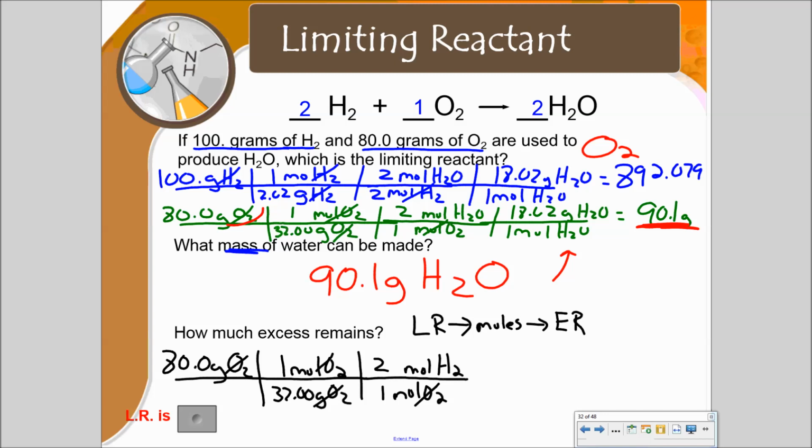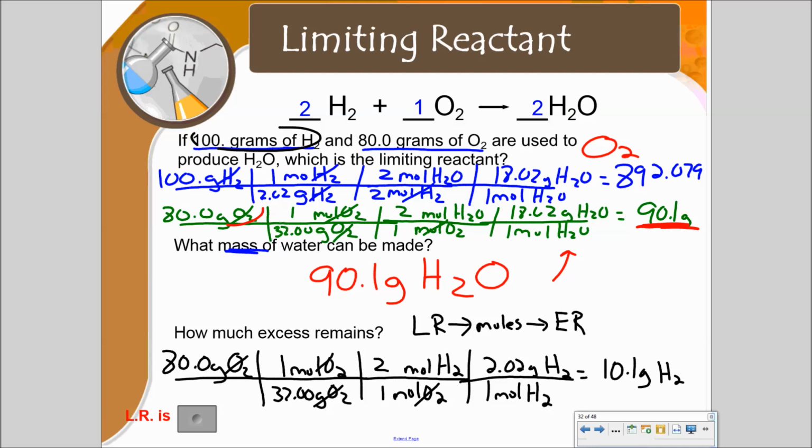All right, and since our excess is in grams, I'm going to take this to grams. So 1 mole of hydrogen is 2.02 grams of hydrogen. And so when we work that out, we find that that is 10.1 grams of hydrogen.